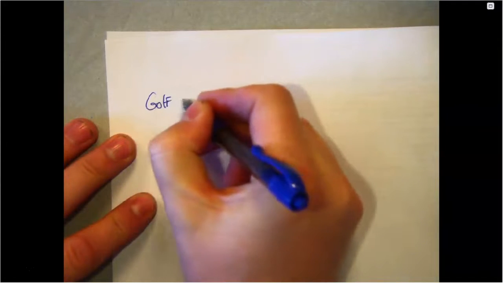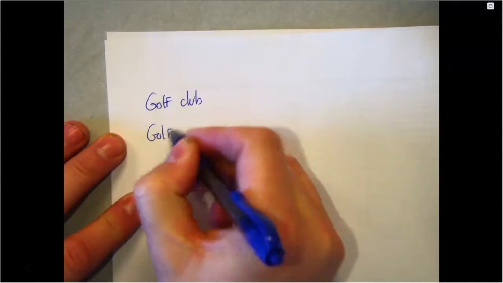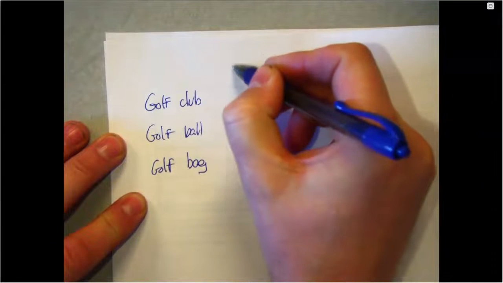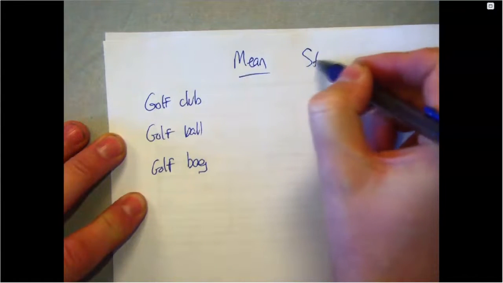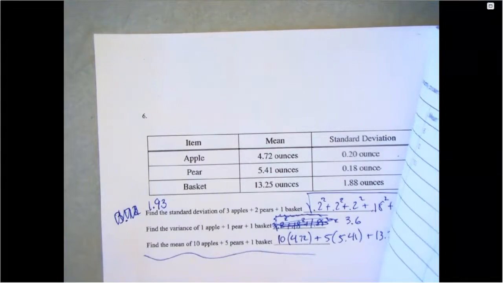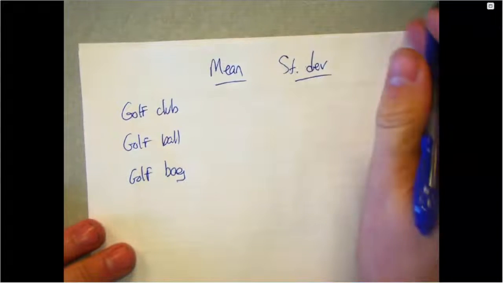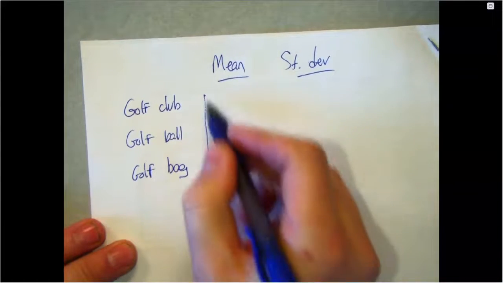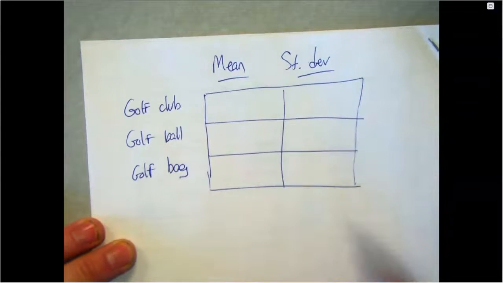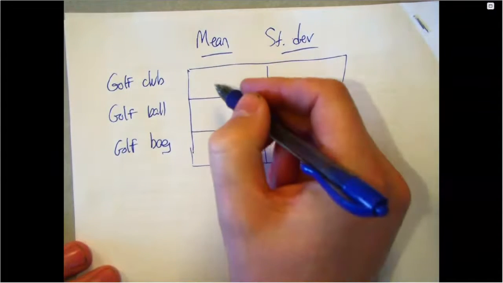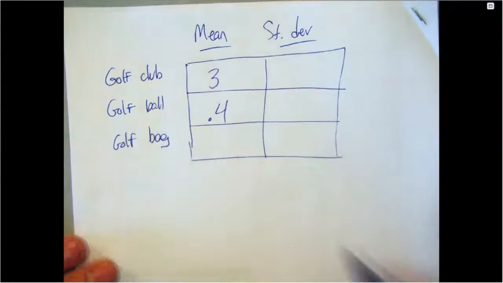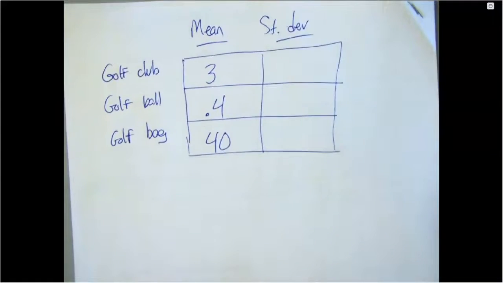Alright, we got the golf club, golf ball, and the golf bag. We're looking at the weights of them. Mean, standard deviation. So let's say a golf club weighs 3 pounds, a golf ball weighs 0.4 pounds, and a golf bag weighs 40 pounds.